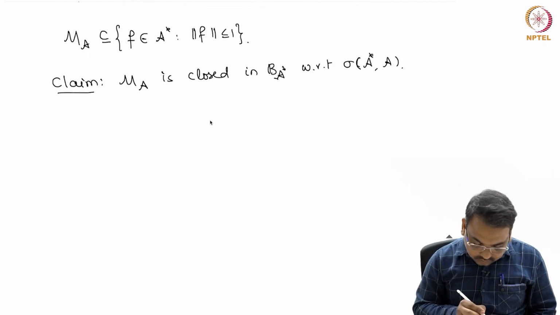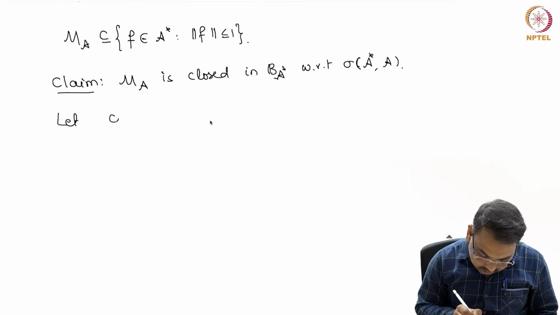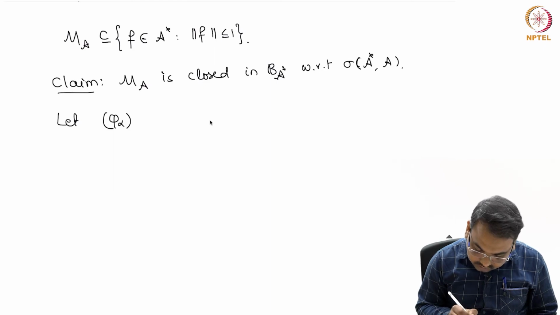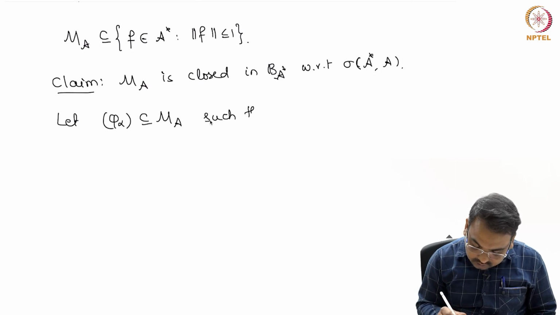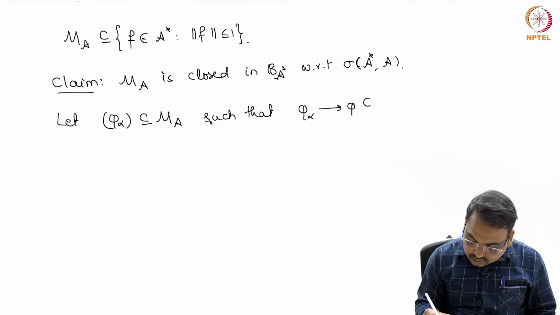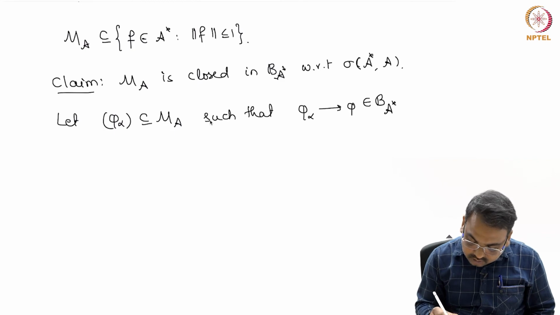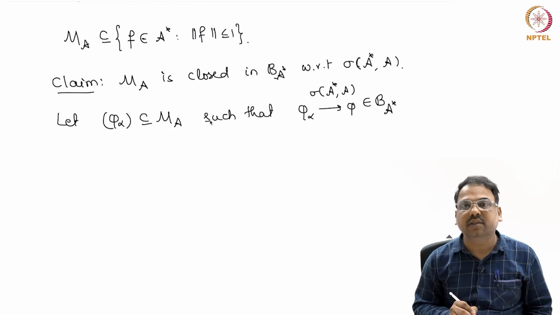Okay. Now let us take a net of elements from M_A such that phi_alpha converges to phi in this closed unit ball with respect to this topology, weak star topology.